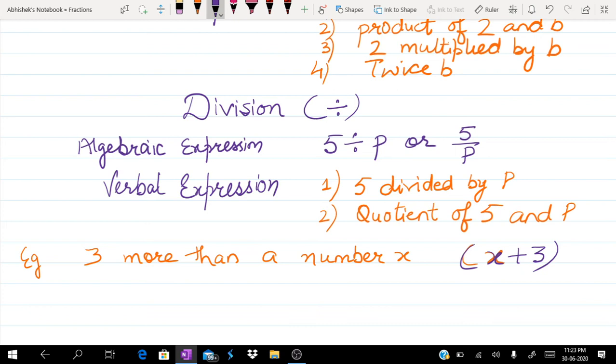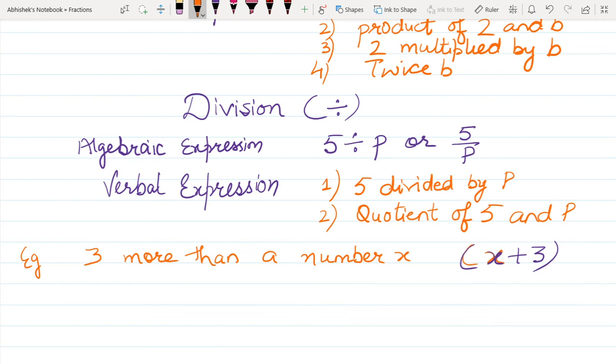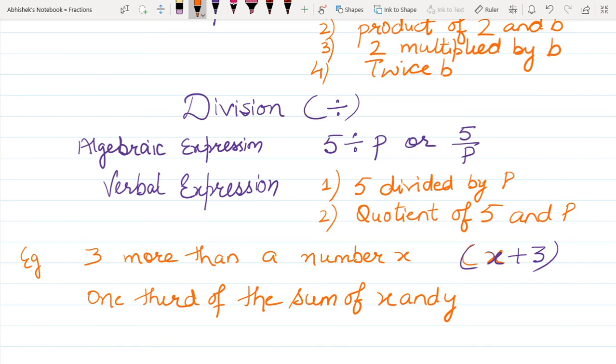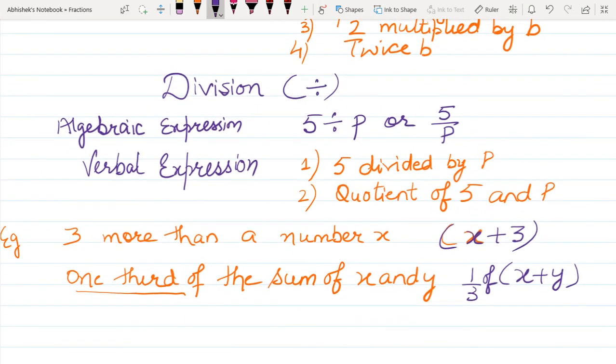Next, 1/3 of the sum of x and y. So first we will find the sum of x and y, and then 1/3 of x plus y, or we can write it as 1/3 into x plus y.